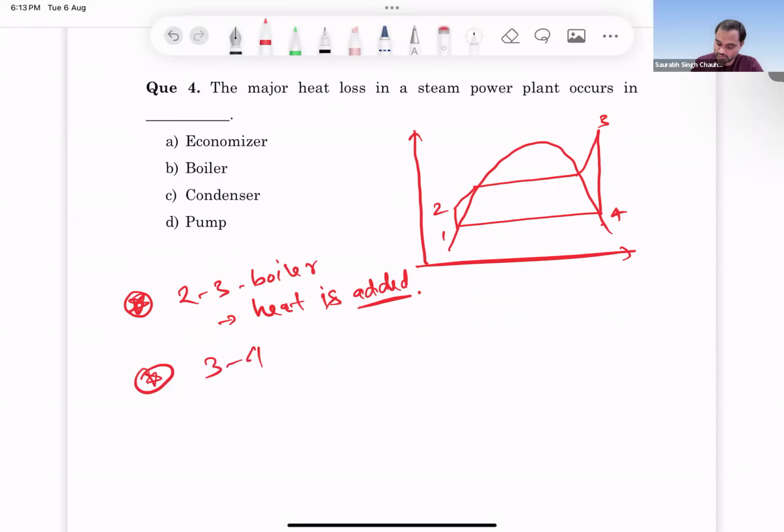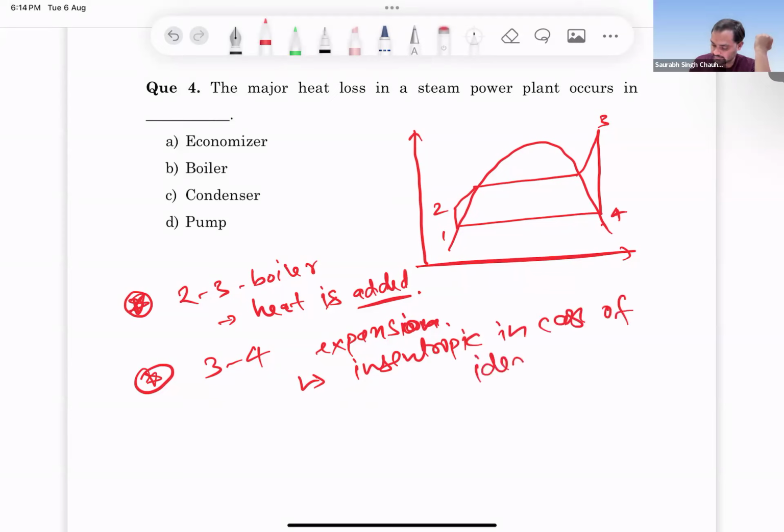Then 3 to 4, it is expansion. And if it is isentropic, then there is no heat exchange. Isentropic in case of ideal cycle, so no heat exchange.